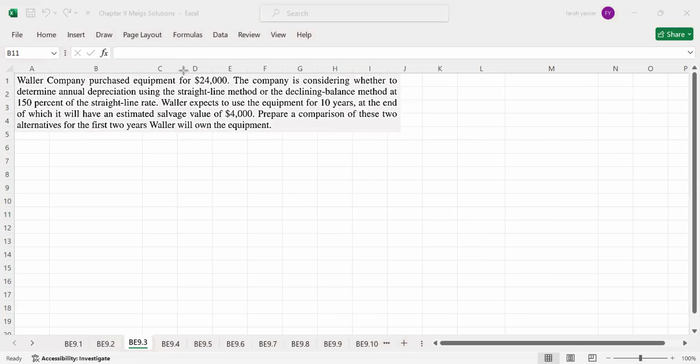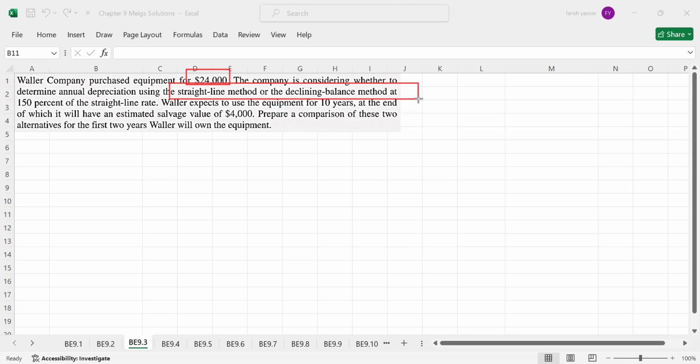So the next example is brief exercise 9.3, and in 9.3, what data is given? We have the cost of the equipment, which is 24,000. And the company is considering whether to determine annual depreciation using the straight line or declining balance method.